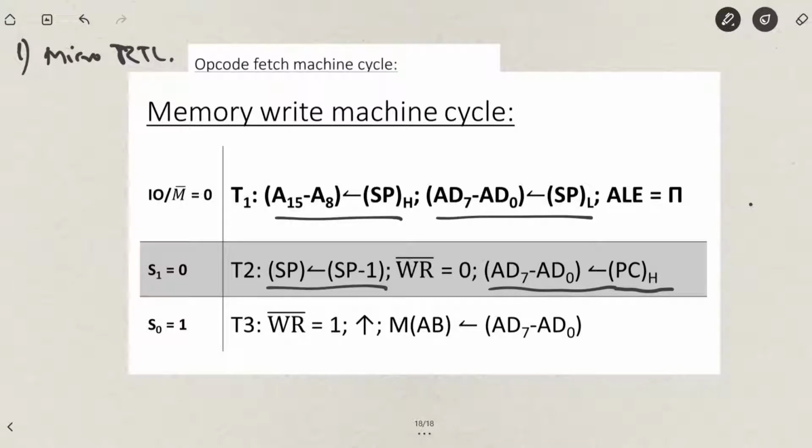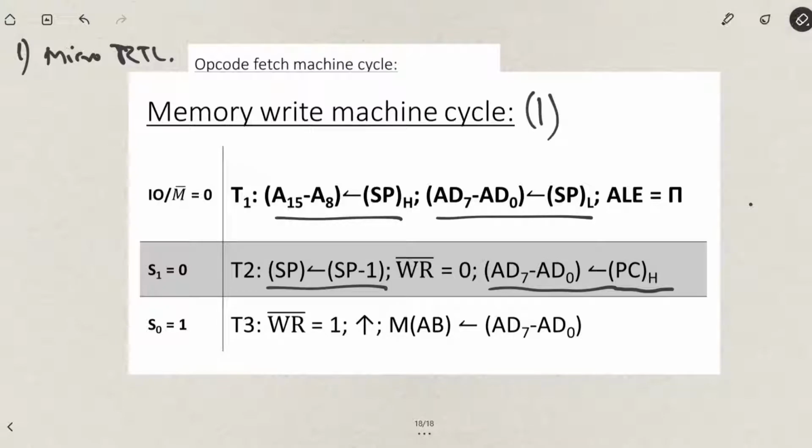So during this instruction, the most significant byte of the program counter is loaded, and simultaneously the stack pointer has to be decremented so that whenever the next instruction takes place, it already points to the next location. So this is your memory write machine cycle number 1.